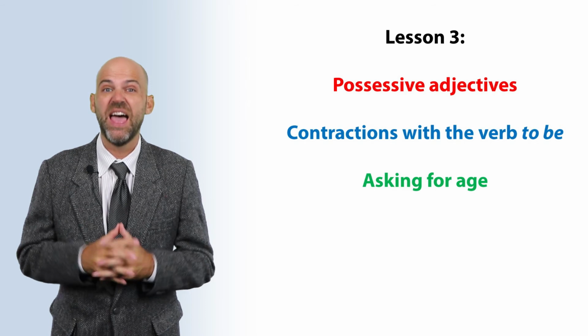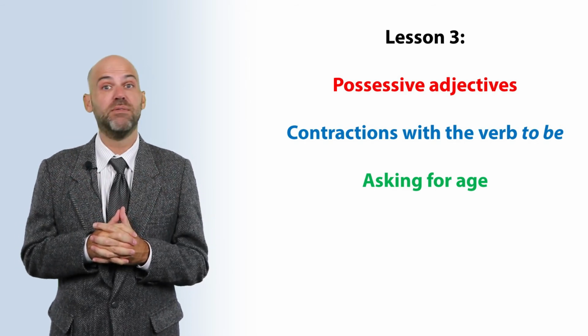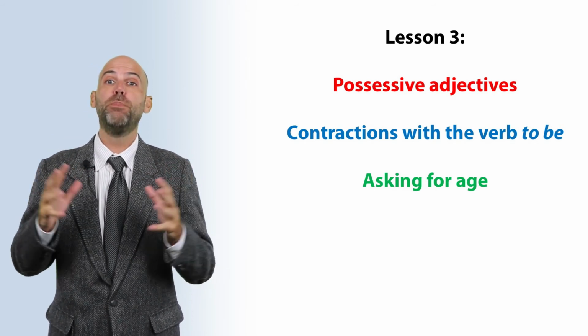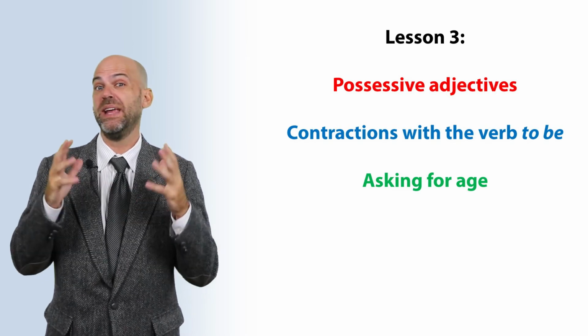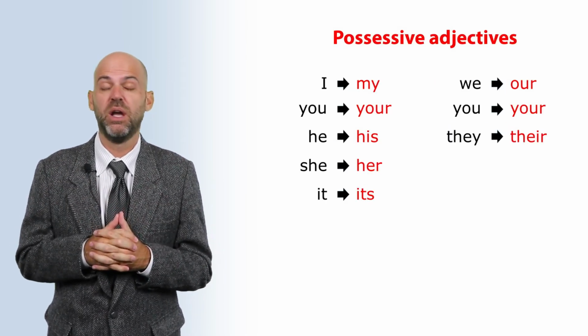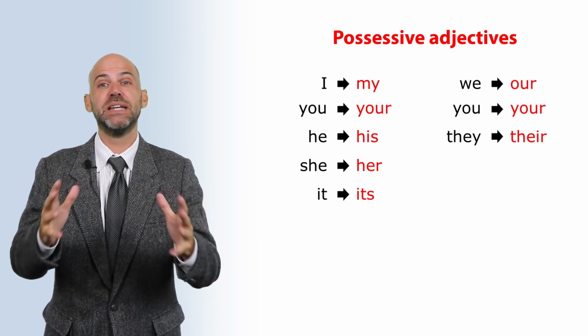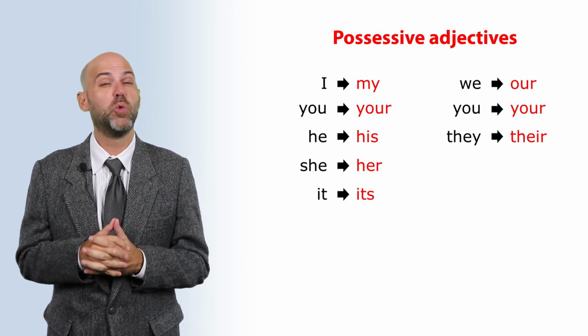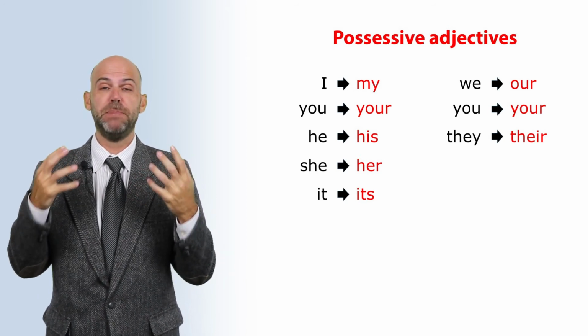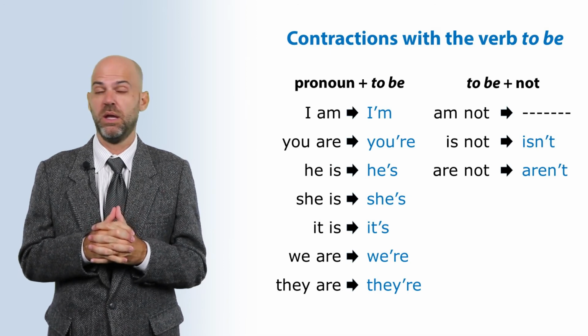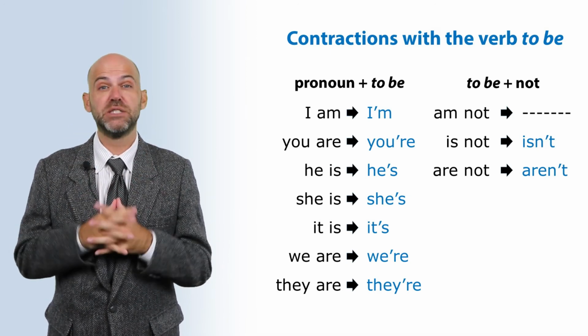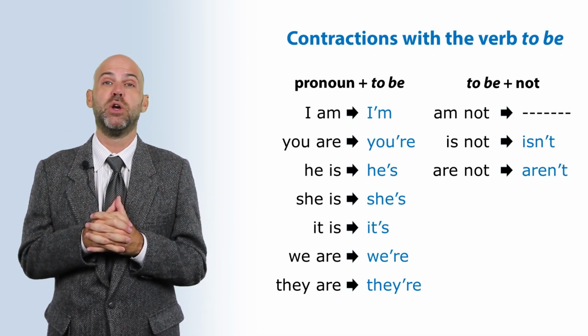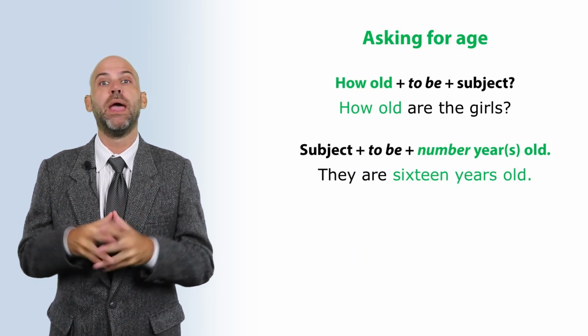Okay, great. That is the end of Lesson 3. I hope you enjoyed practicing your English pronunciation. Today we used possessive adjectives to show relationships between people and things. We looked at different ways to form contractions with the verb to be.